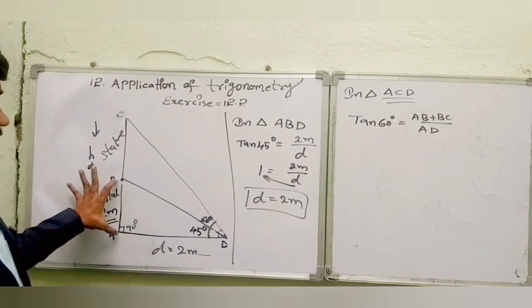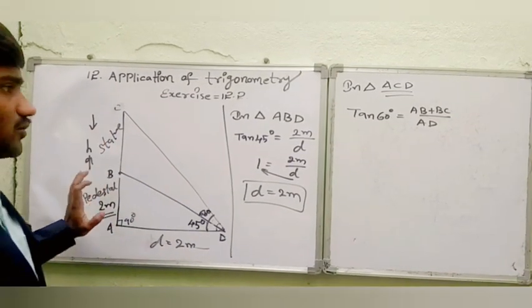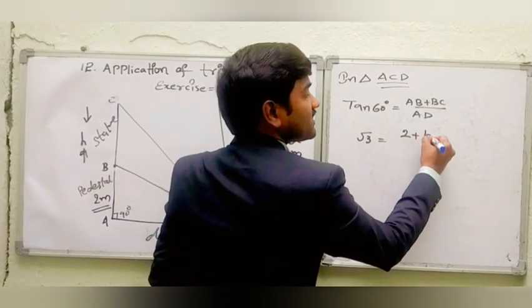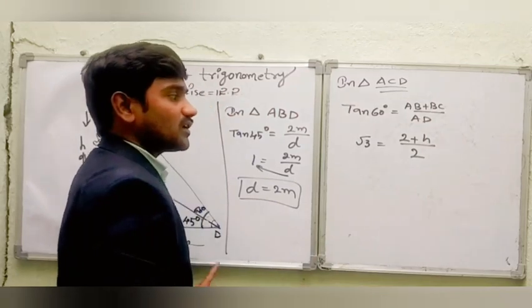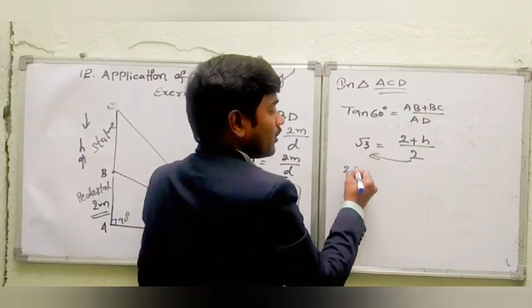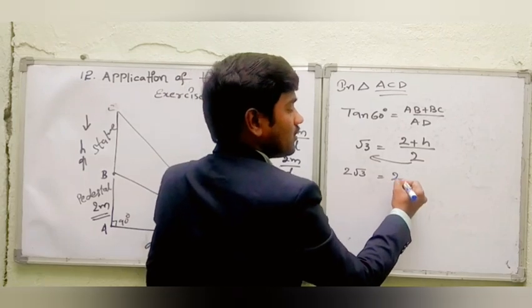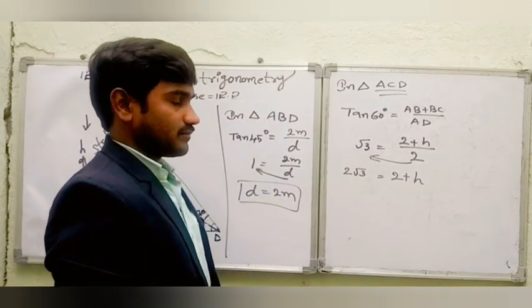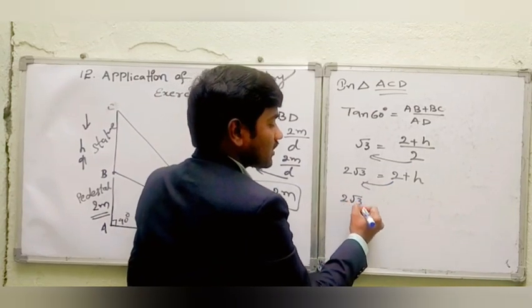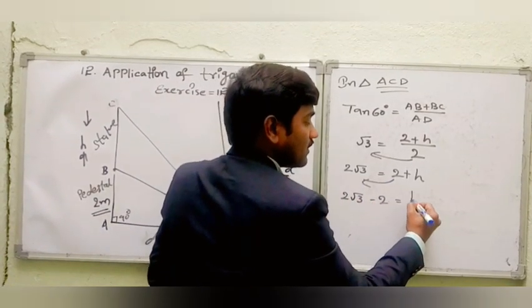AC equals AB plus BC, where AB equals 2 meters. So tan 60 equals root 3, that equals 2 meters plus H by this AD, which is also 2 meters. Let us transfer this 2 here. 2 root 3 equals 2 plus H. Here this 2 also you transfer this side. 2 root 3 minus 2 equals H.